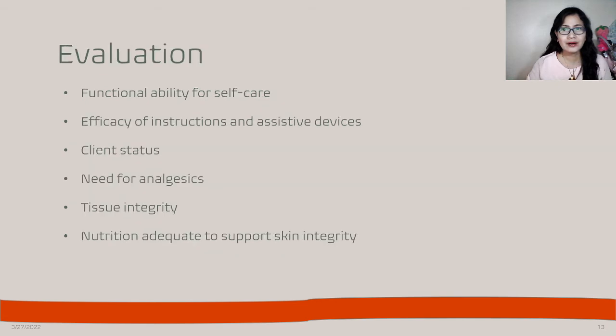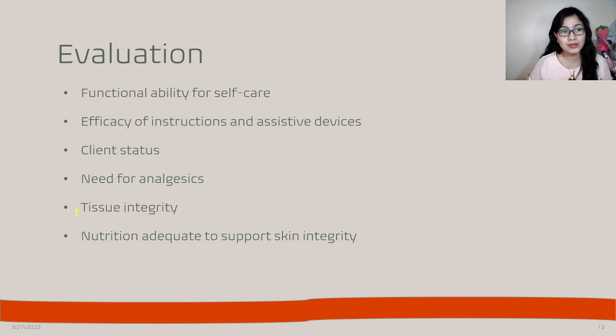And then for evaluation, you have to check the functional ability for self-care. Also check the efficacy of instructions and assistive devices and their use. What about the client status? Did the client status improve? Is there any need for analgesics, for instance, if there has been pain while doing the procedure?